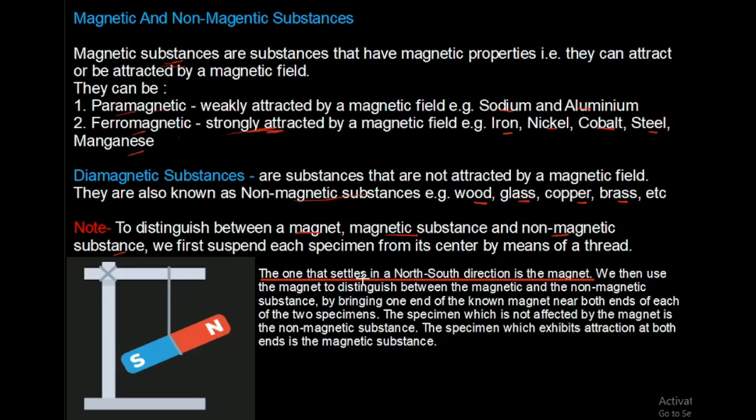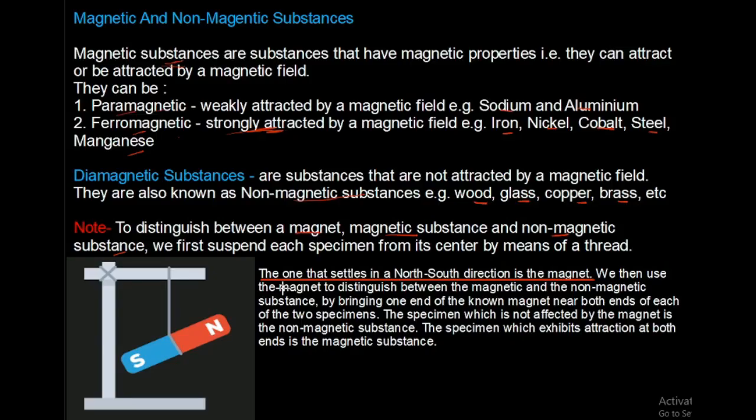All right, so if we have a magnetic substance and a non-magnetic substance, to distinguish them, we tie each specimen which we want to distinguish at their center and then we suspend them. The one that settles in the north-south position is the magnet. So take note.